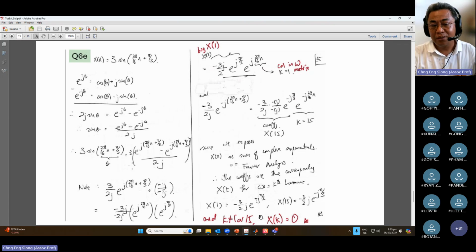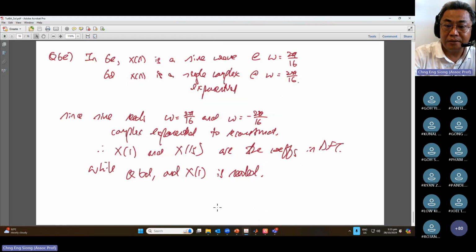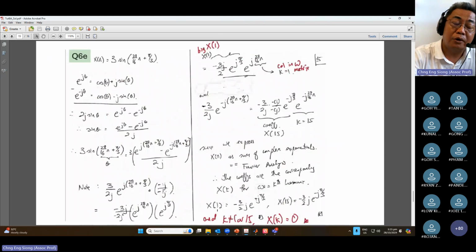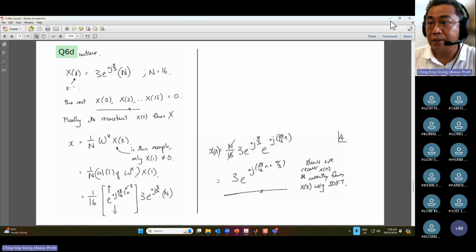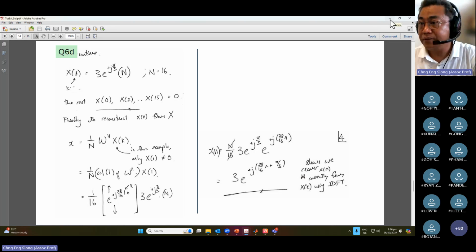We'll find that only two elements of the big X are non-zero, x1 and x15. And in fact, they are very interesting: they are phases rotating in the opposite direction, but at the same radians per sample. That's the key idea. With that, I'll record this one more time and put it up in the lecture solutions again in a few days.